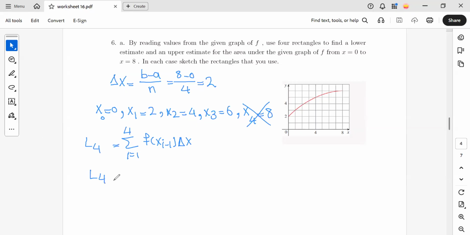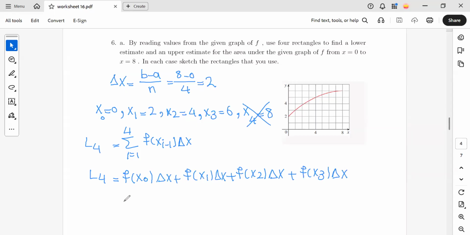So L sub 4 will be f of x sub 0 times delta x plus f of x sub 1 delta x plus f of x sub 2 delta x and plus f of x sub 3 delta x.